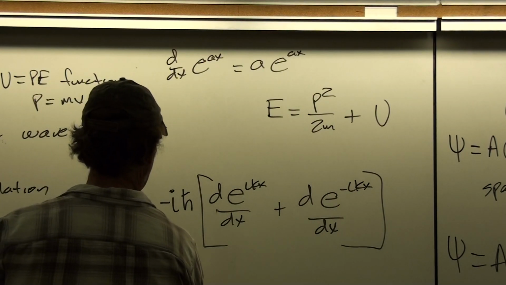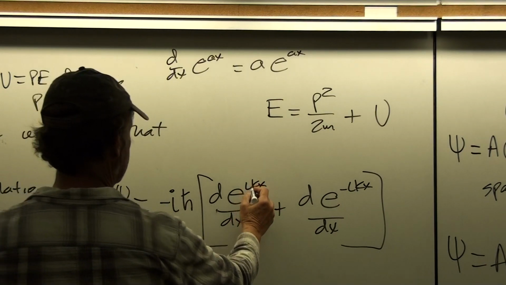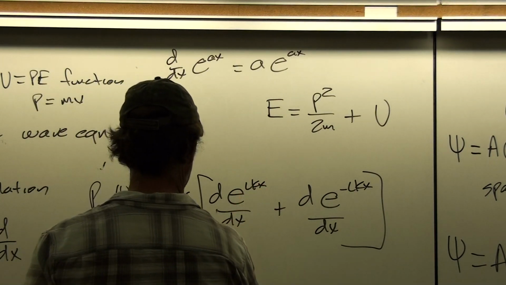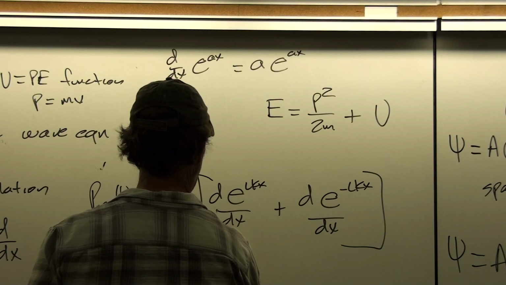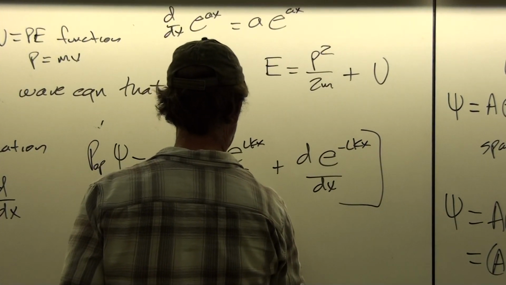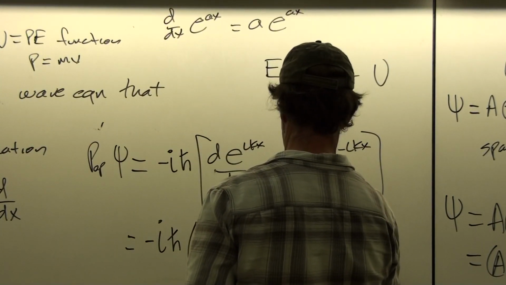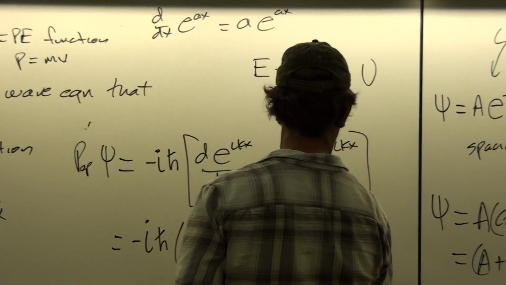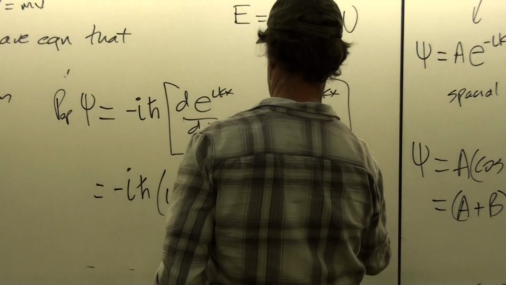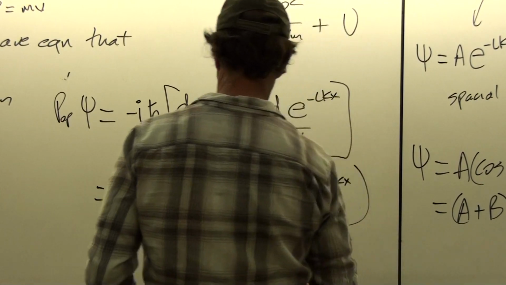So we end up then with minus i h bar times i k e to the i kx minus i k e to the minus i kx.